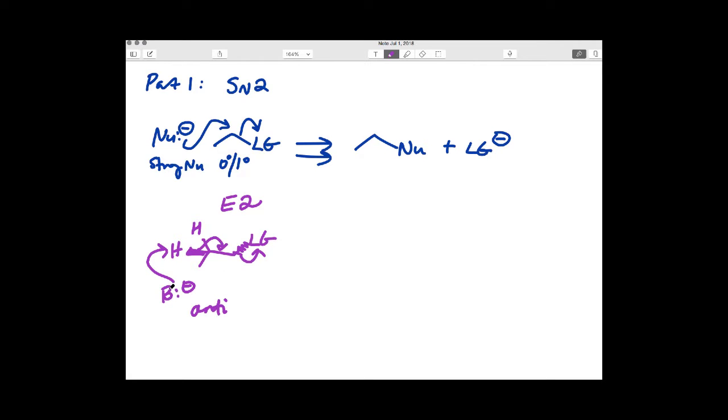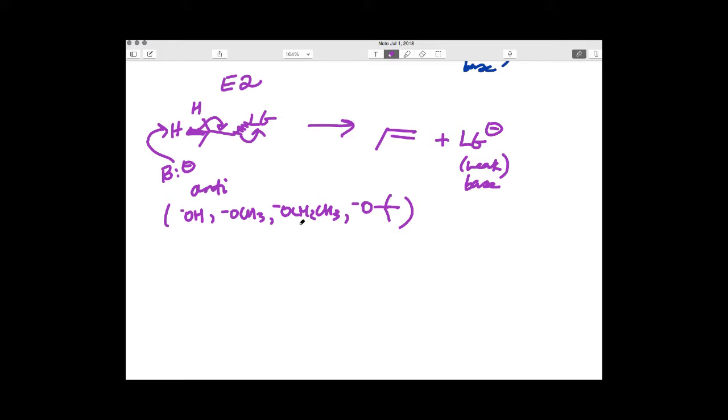Strong bases are usually things like hydroxide, methoxide, ethoxide, and if you need a bulky base, tert-butoxide. And if you recall, these are going to give us the more stable Zaitsev alkenes, which are the internal alkenes, and this one will give us the Hofmann alkene, the terminal alkene.